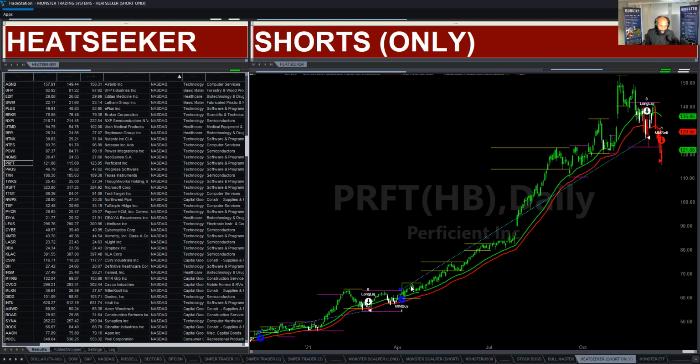But I like the daily time frame for stocks because you can also build positions. Every time it breaks resistance, that's the reaccumulation phase. So we could have bought here, added to our position here, here, and here, and then got out here.